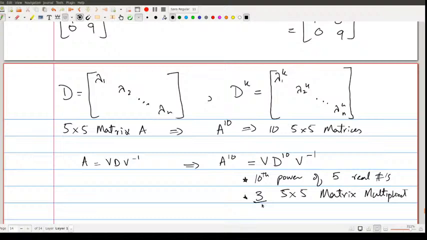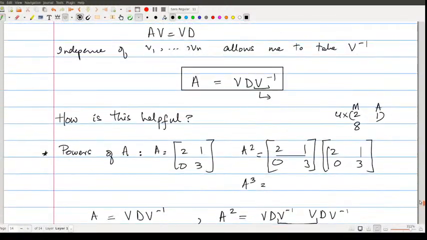You just need to do 3, right? Even if you had to do 20, this number will change, but this number remains constant, right? So that's an efficient way of computing the powers of matrices if you have this diagonalization, right?